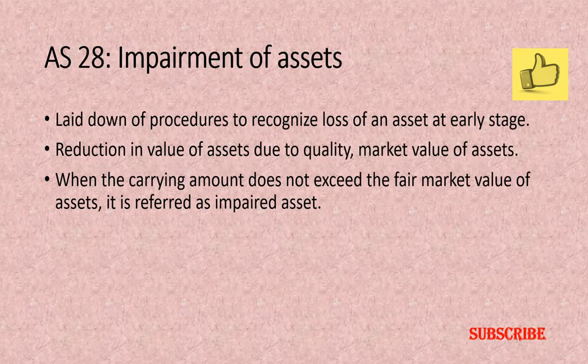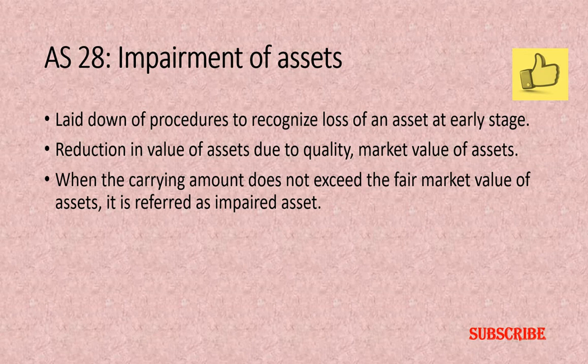Then the next one comes here, AS 28, that is impairment of assets. The very objective of the standard is to prescribe the procedures that an enterprise applies to ensure that its assets are carried at not more than their recoverable amount. An asset is carried at more than its recoverable amount if its carrying amount exceeds the amount to be recovered through the use or sale of the asset.